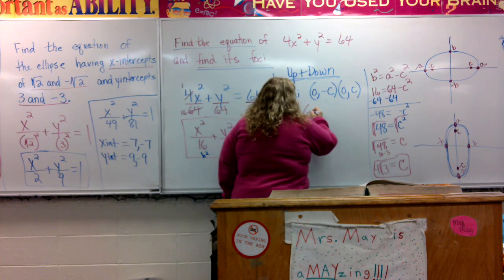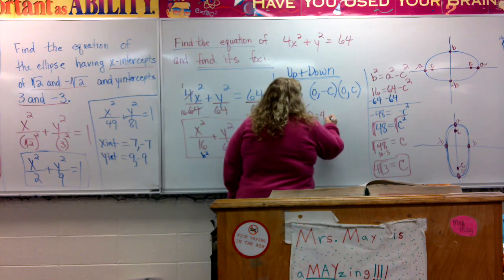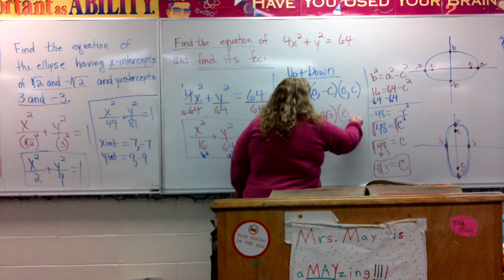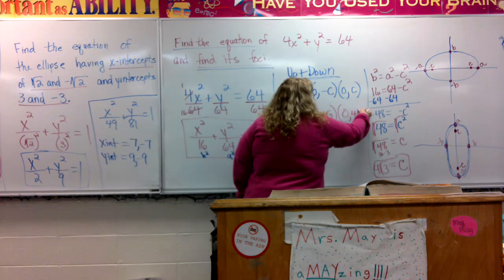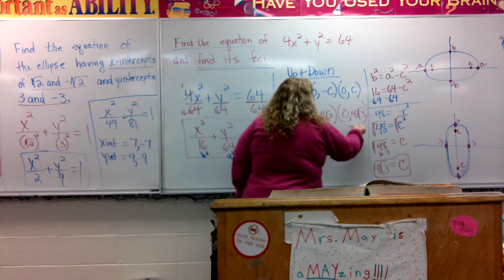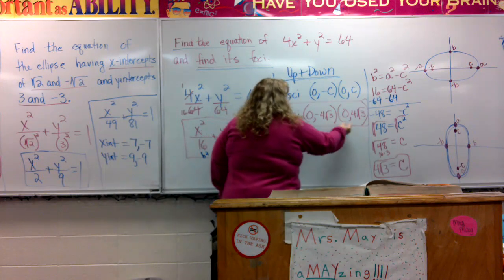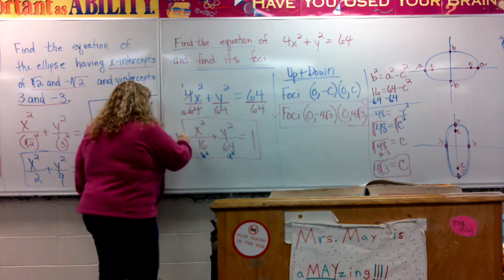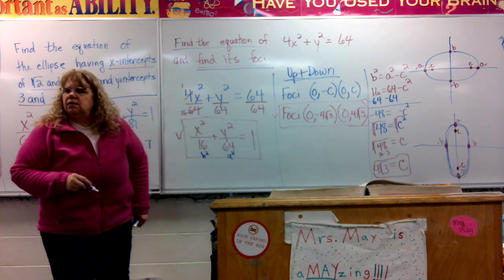I have 0, negative 4 roots of 3, and I have 0, positive 4 roots of 3. So it asked for the foci, got those. Asked for the equation, got that.